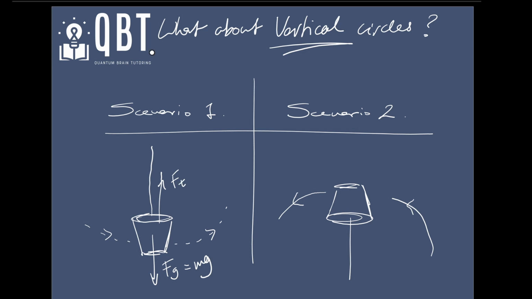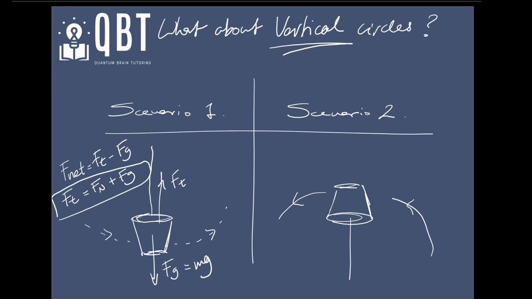So we can say that F net is going to be equal to Ft minus Fg, which means that our tension Ft is going to be equal to F net plus Fg.